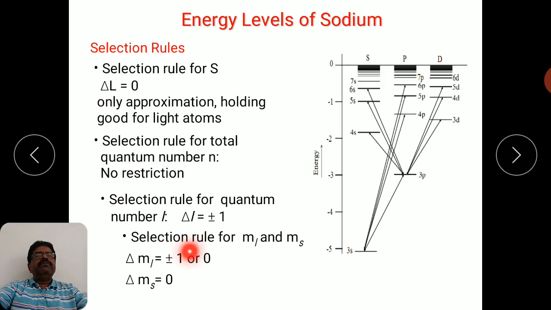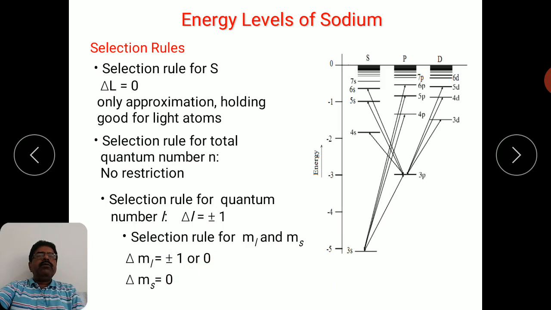Then another selection rule, that is for ml and ms. The orbital magnetic quantum number ml and the spin magnetic quantum number ms. What is the selection rule for them?